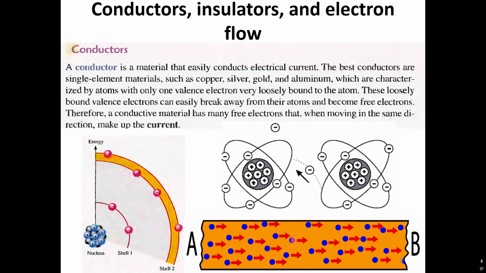You can find a very large number of free electrons. If these electrons move from one point to another in a specific direction, then it is called current.